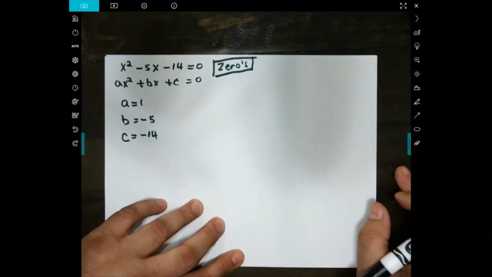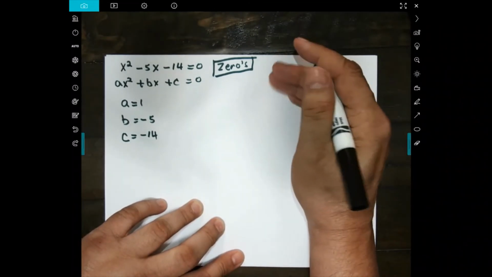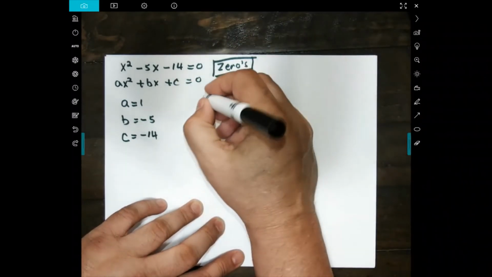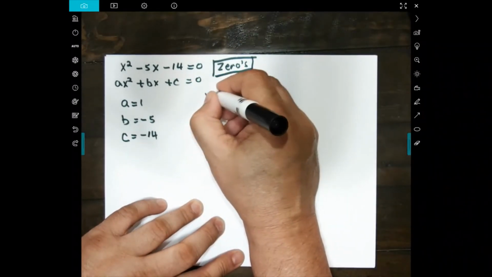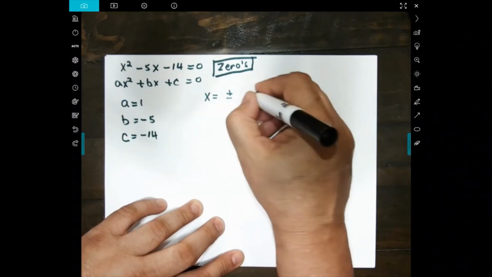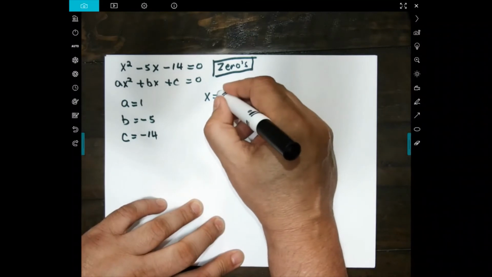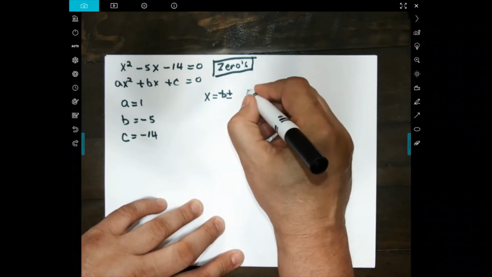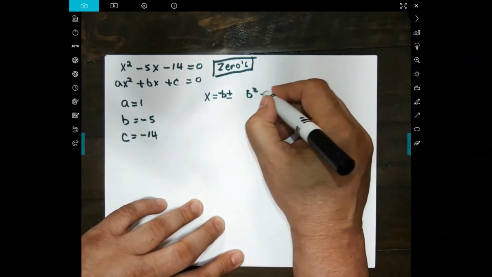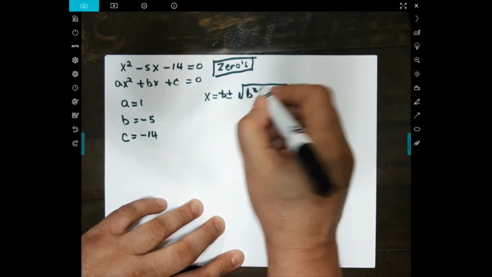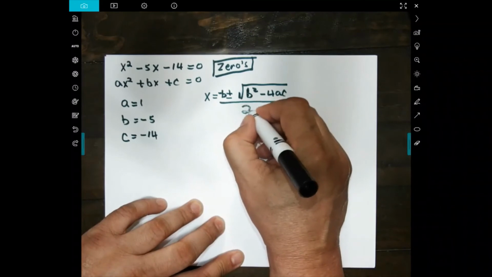The first thing you probably should do is just look at the discriminant. Remember, the discriminant is b squared minus 4ac. It's part of the equation. Let's write the equation down again: x equals negative b plus and minus the square root of b squared minus 4 times a times c, all of that over 2 times a.